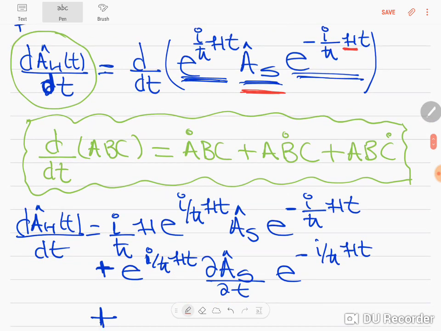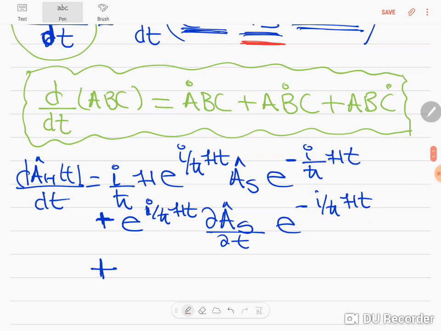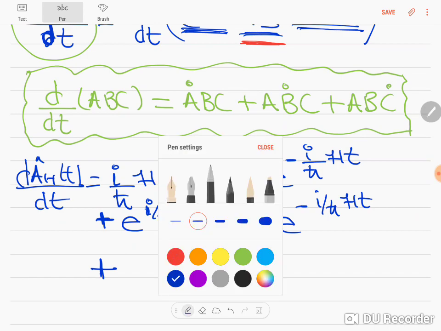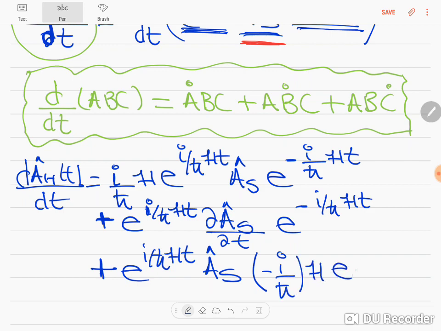The exponential is just a power series in the Hamiltonian, so you can commute with the exponential. So to take that derivative, we write first e to the i over h bar Ht times the operator A in the Schrödinger representation times the derivative of this term, which is minus i over h bar H times e to the minus i over h bar Ht.